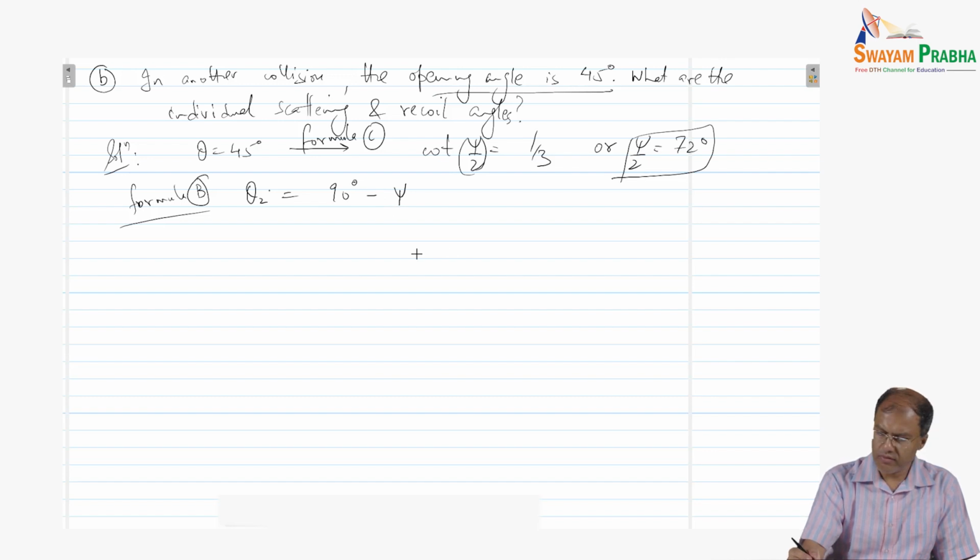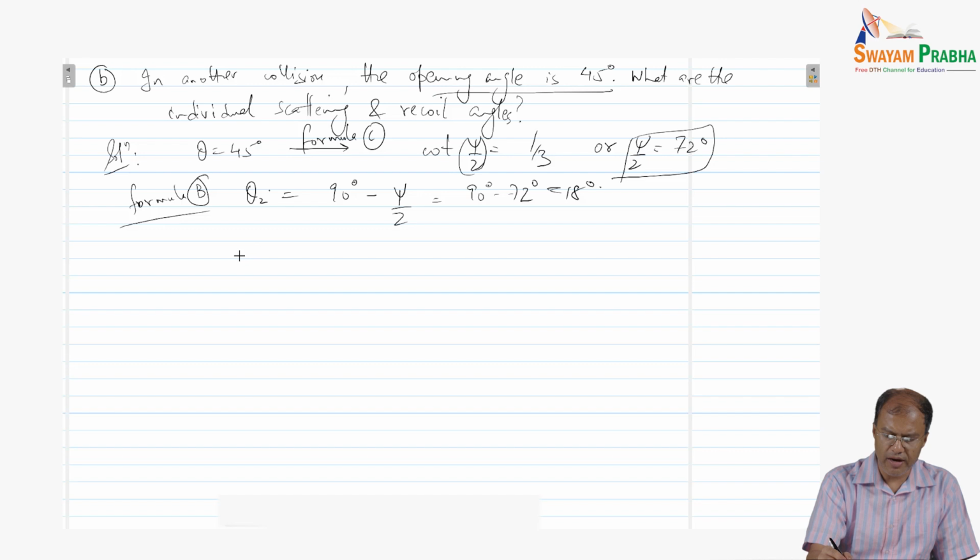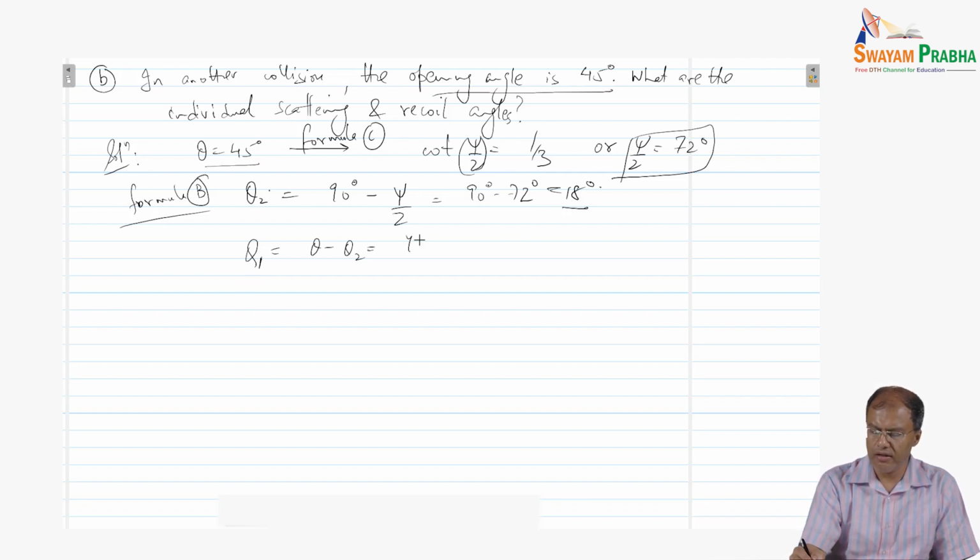Since psi by 2 is 72, 90 degrees minus psi by 2 is 18 degrees, and that is my theta 2, or the recoil angle. And now from here we can immediately find the scattering angle. The scattering angle will come out to be theta minus theta 2, where theta is 45 degrees and theta 2 is 18 degrees. So I see that theta 1 is 27 degrees.